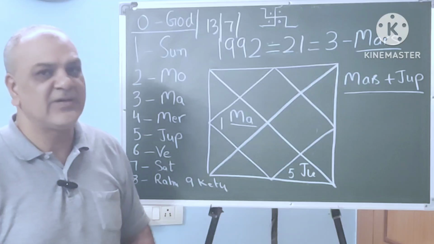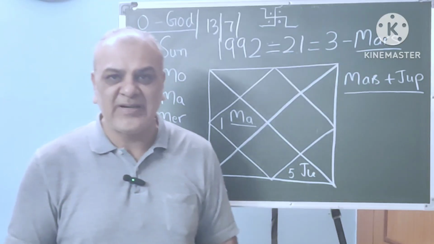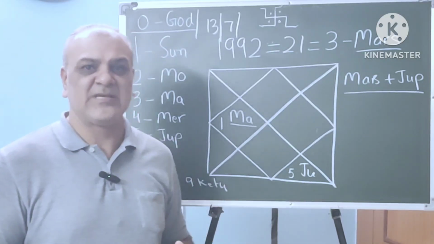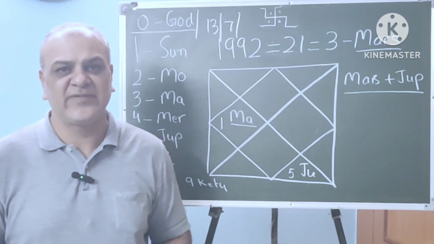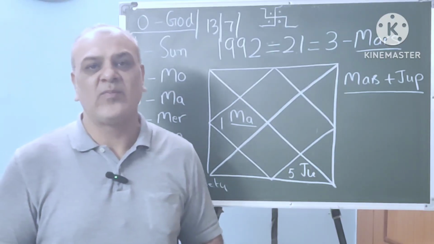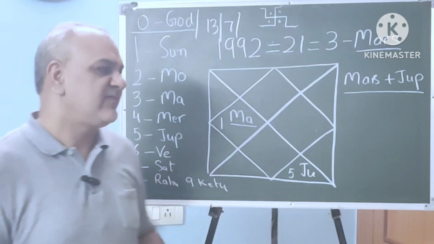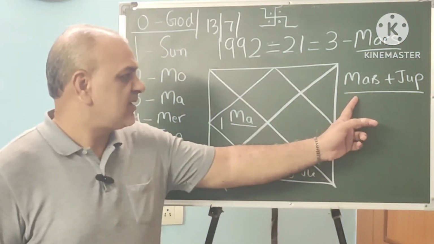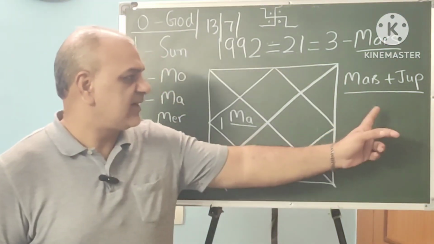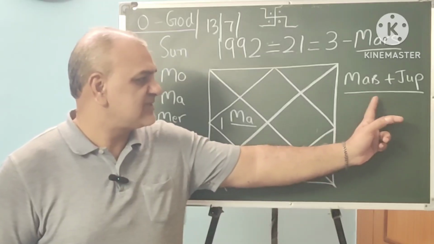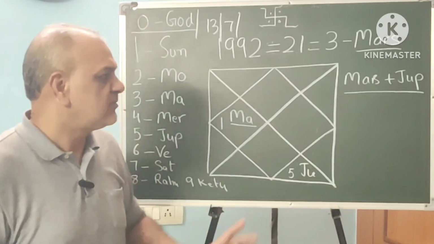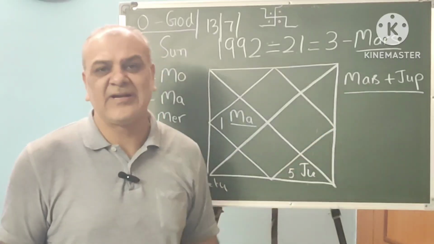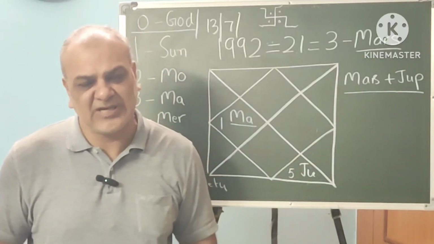So Mars Jupiter together, due to the adamant and harsh nature of the native, there will be problems in his married life if he is married. Mars is a male planet, Jupiter is a male planet. So the native who has this combination, depending upon other factors also, will definitely get a male child.